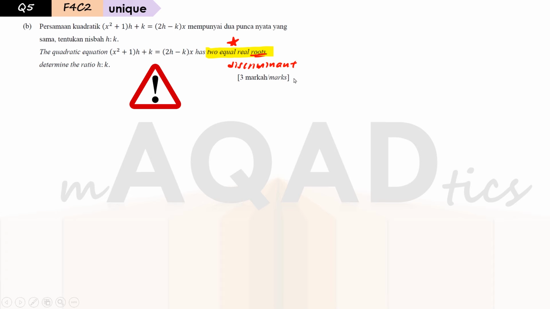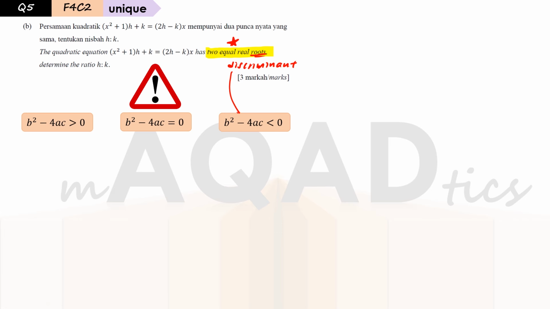The discriminant is b squared minus 4ac. As we know, we have three different types of answers: greater than 0, equal to 0, or less than 0. So if we see two equal real roots, which one should it be? I give you 5 seconds to think about this.